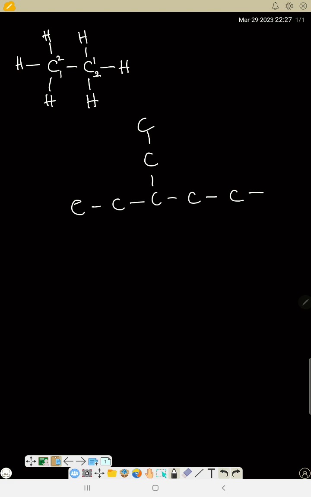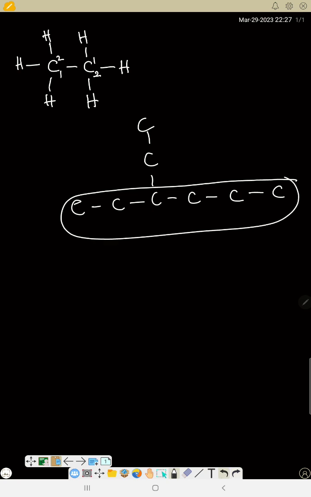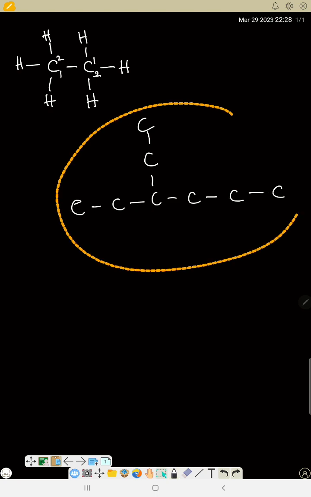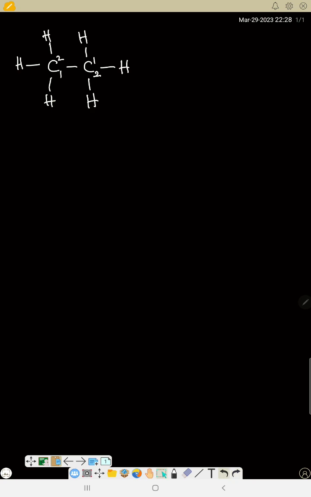You can't go this way, come like this, then go back, no. You must go at once. You count everything together, that is a chain. That is how we can locate the longest continuous carbon chain.